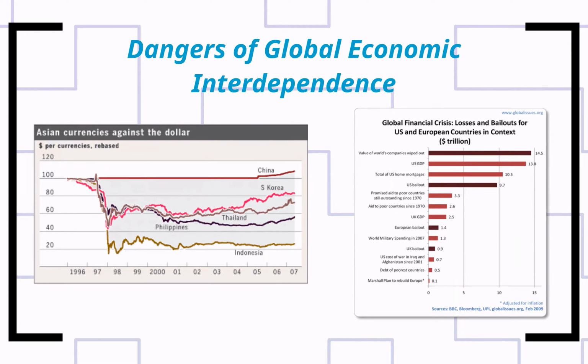Remember, I said currency speculators are these investors that try to make profit based on little tiny fluctuations in the exchange rate of national currencies. Currency speculators started pulling out their investments in the Thai currency, what's called the Thai baht. That's their local currency, because they didn't think it was a good investment.